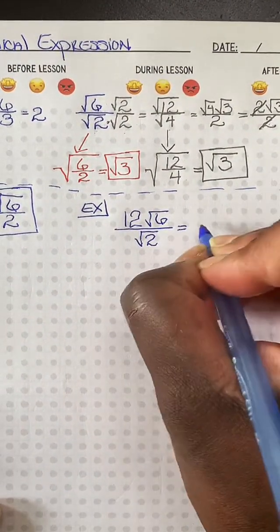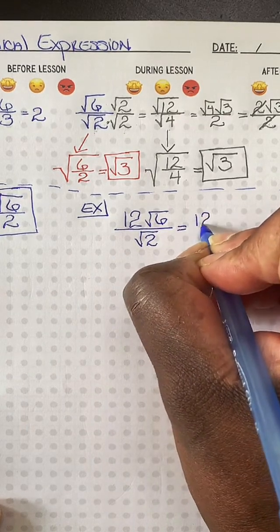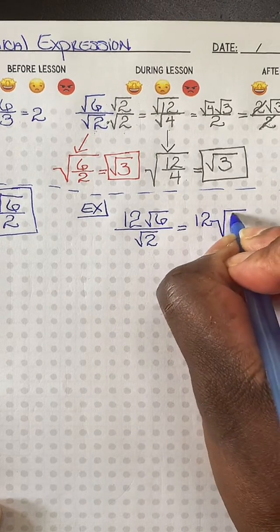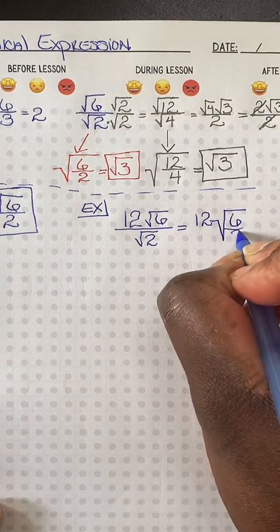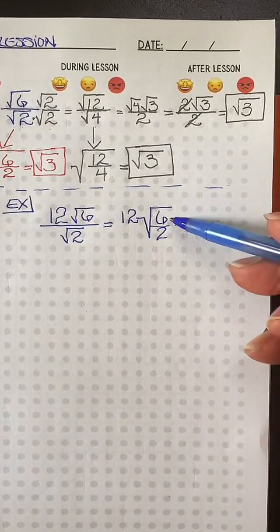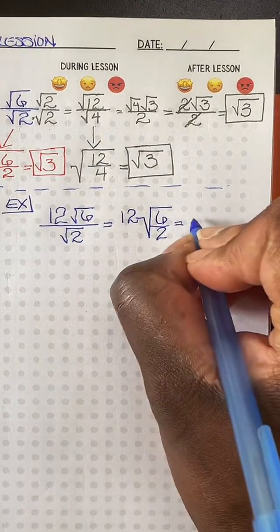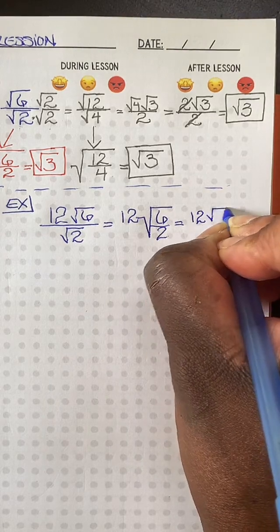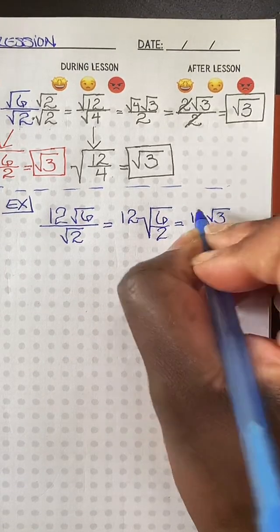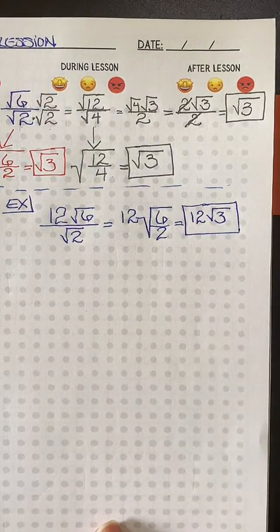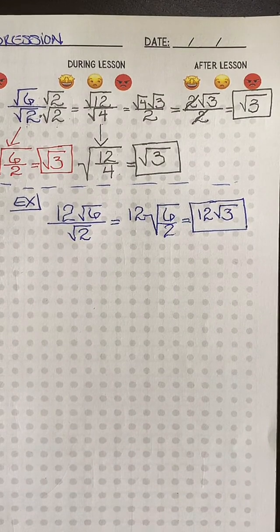Yeah, I thought I was slick. All right. So we have our 12, but it's being multiplied to that 6 over 2. We already know that 6 divided by 2 is going to give me 3. So we have our 12, and then we have our square root of 3. Okay, so that would be our answer.